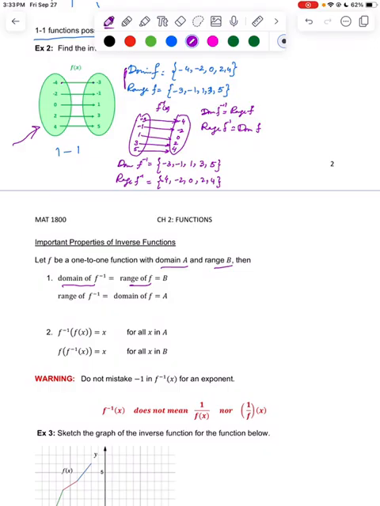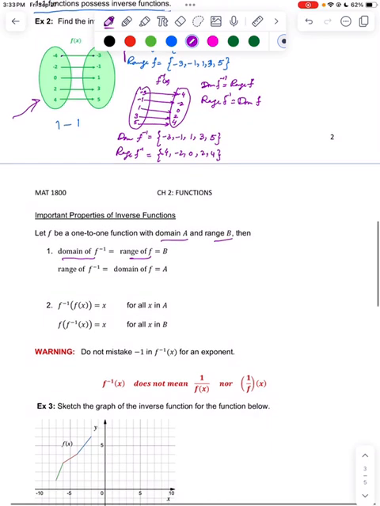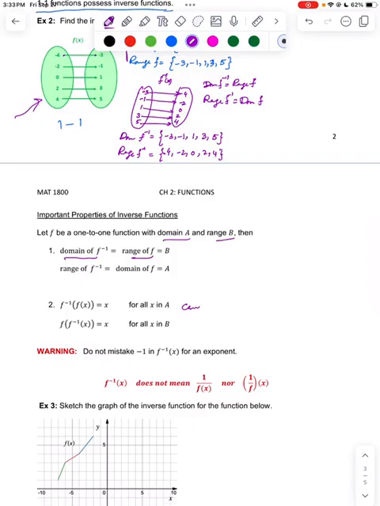Also, there is another property, shown in number 2 here, which is sometimes called the cancellation property. Basically what it means is that it undoes what the function has done.